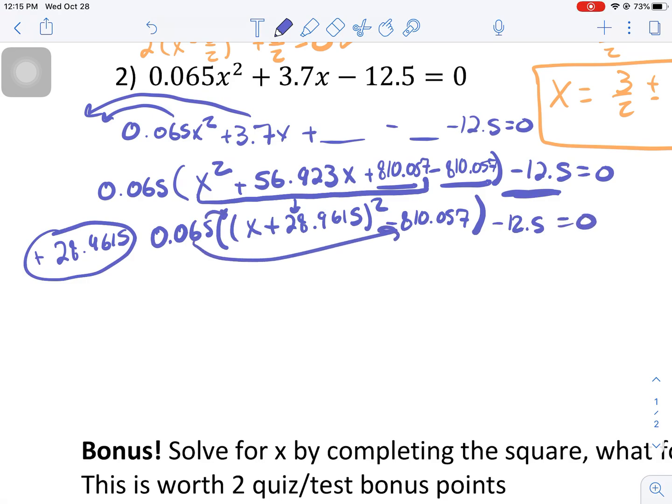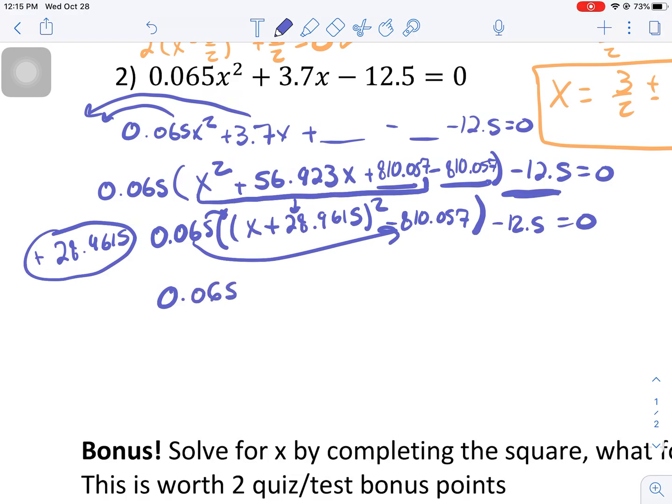Now we distribute that thing that we pulled out earlier to both of those. When we distribute it, remember you have to multiply the 810 by 0.065, so 810.057 times 0.065 gives us 52.654.